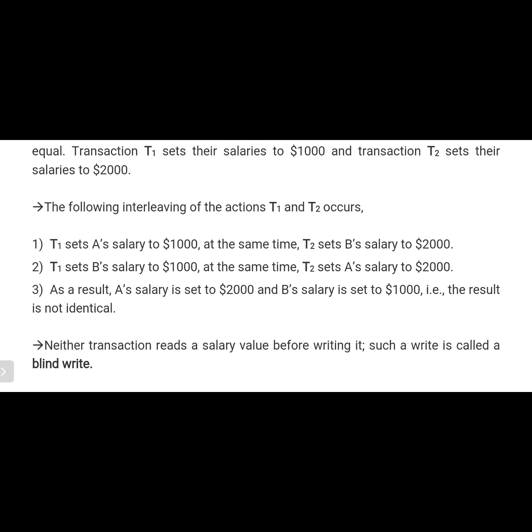T1 sets A's salary to $1,000. At the same time, T2 sets B's salary to $2,000. Again, T1 sets B's salary to $1,000, and T2 sets A's salary to $2,000. As a result, A's salary is $2,000 and B's salary is $1,000. The result is not identical, as we observe here.